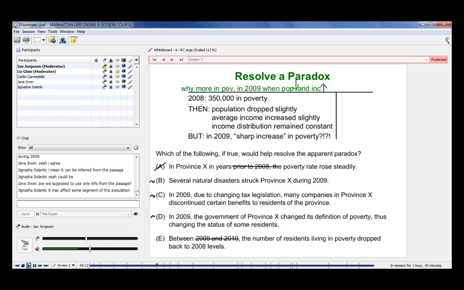I mean, if everybody has insurance, yeah, it was a tragedy, but does that mean that they actually went into poverty because of those natural disasters? For all we know, Province X has natural disasters every year. Maybe they had a natural disaster in 2008 and 2007, and that's just part of it.